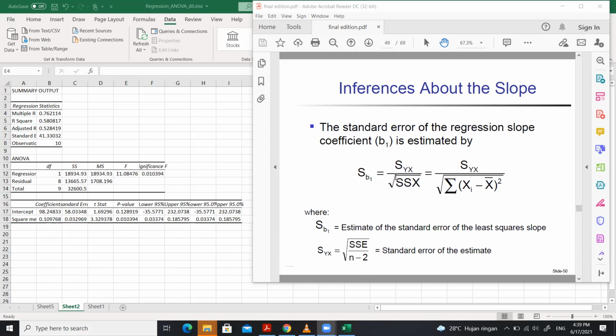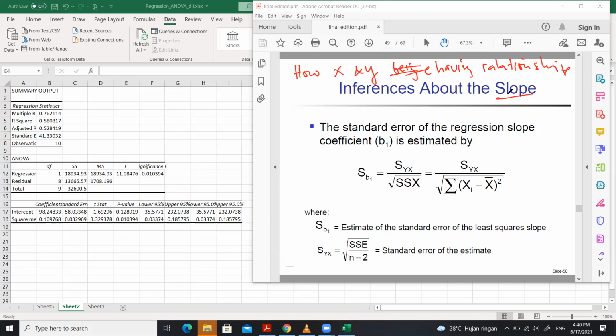As you remember, the slope is telling us how strong the relationship between x and y is. In bahasa, allow me to explain in bahasa.